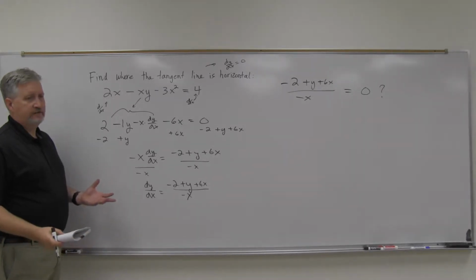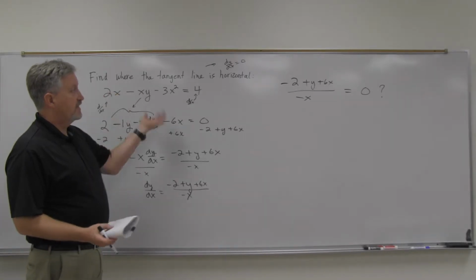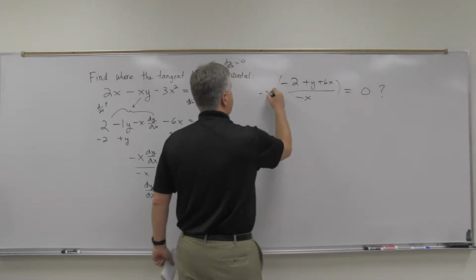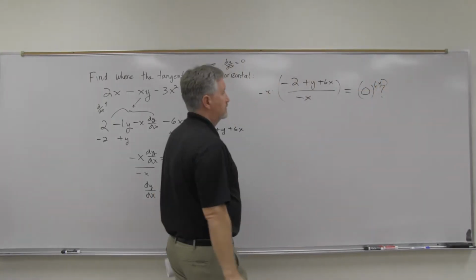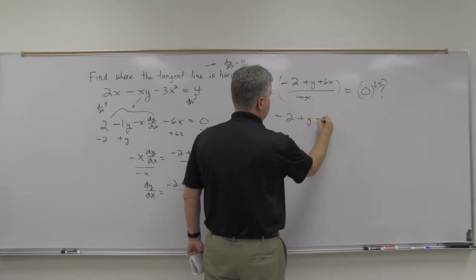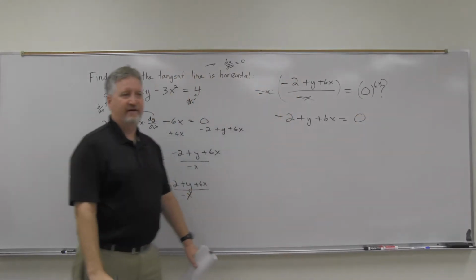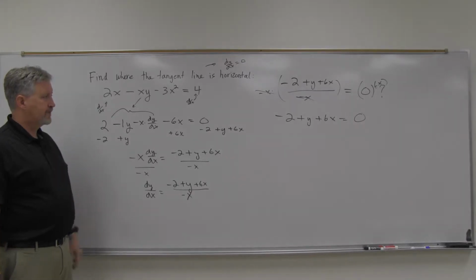Well, first of all, we can get rid of that minus x if we just multiply both sides by minus x, clear it off of that side, and it goes away on this side too because it's 0 times that, so it's still equal to 0. So this is really what we're solving here.